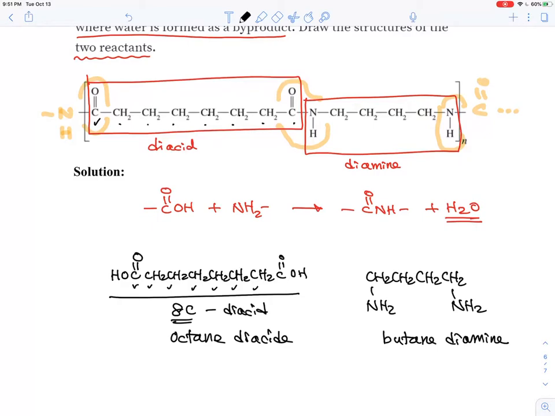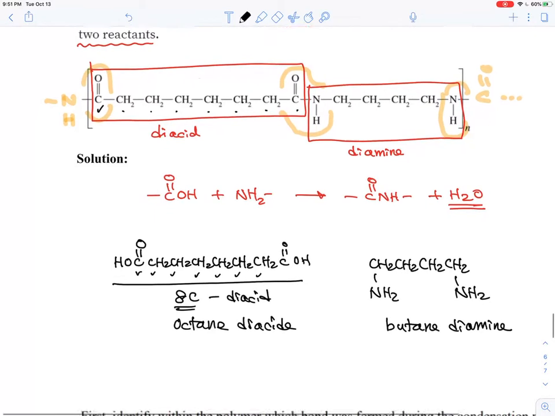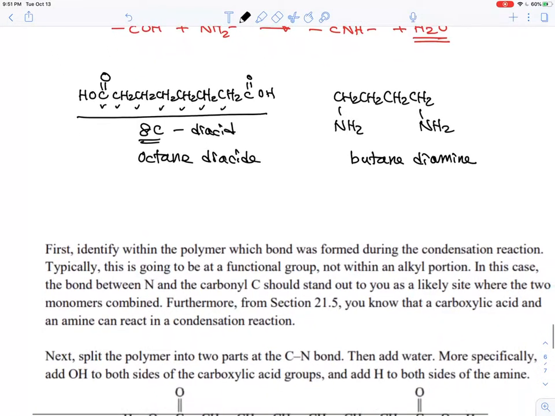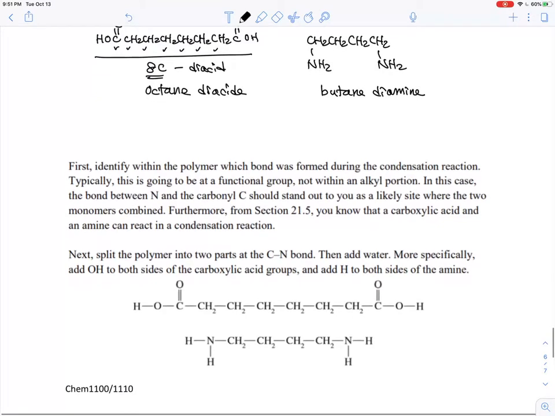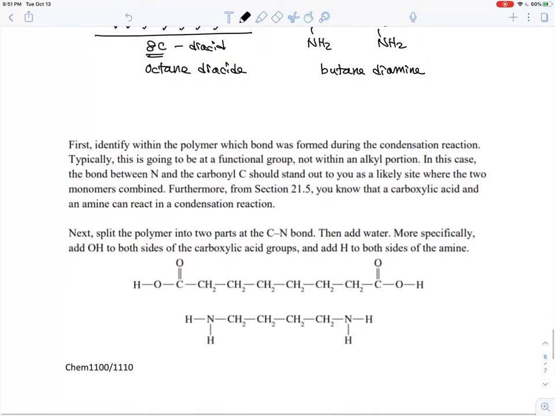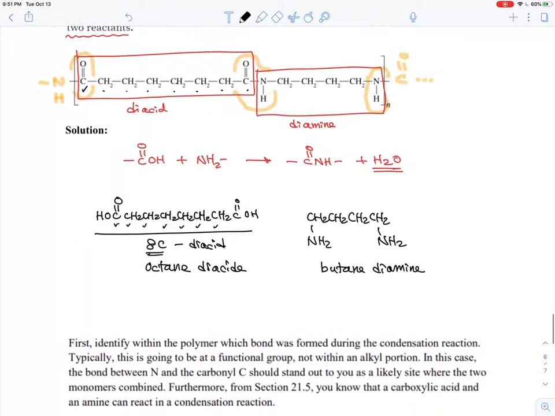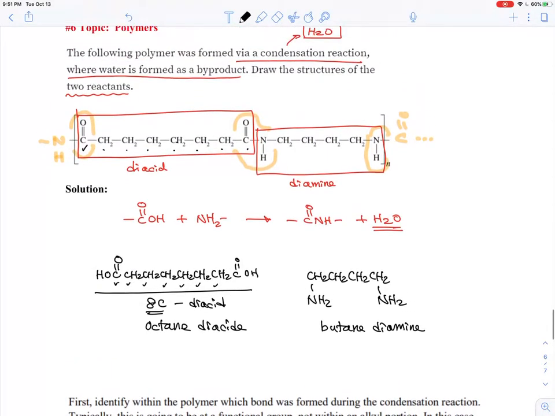So this is a compound with this amide bonding. If you learn about this, it is actually one of the nylons. Nylon is a class of polyamide, so it's one of the nylon polymers.